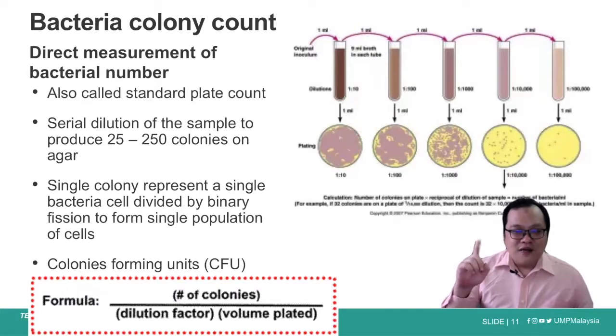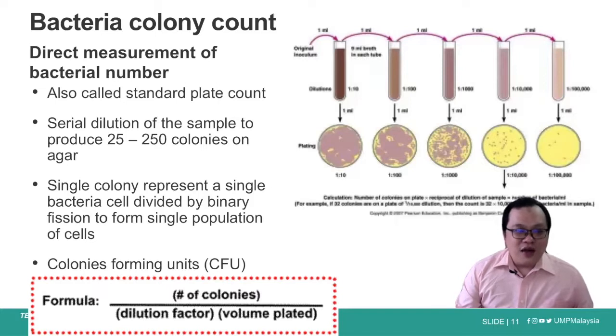These figures show a 10-fold serial dilution of the original bacterial culture, by serially diluting 1 ml into 9 ml of diluent. The sample is serially diluted, and later plated on the agar plate.